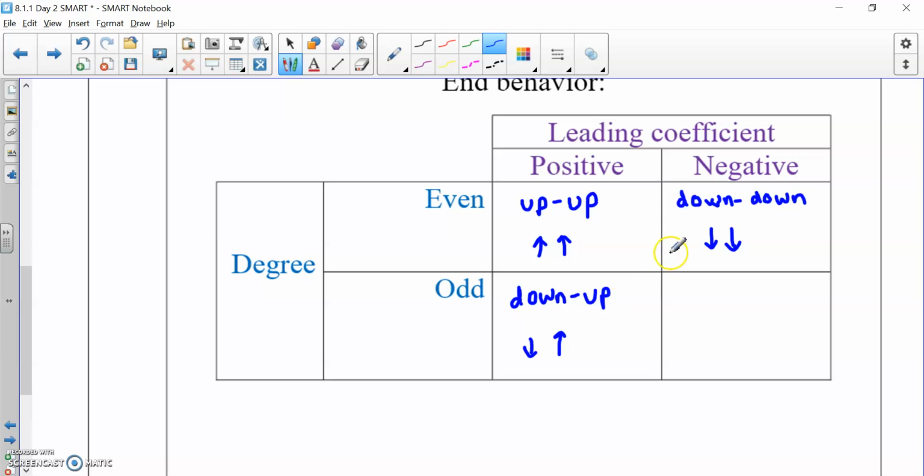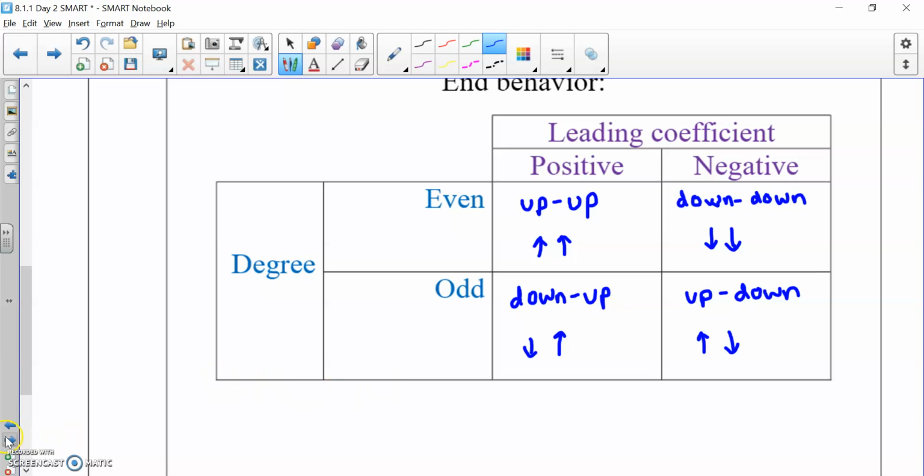Okay, and then for a negative leading coefficient with an odd degree, it's going to be like a flipped version of that. It's going to be up, down. So the left side's going to be pointed up and the right side's going to be pointed down.